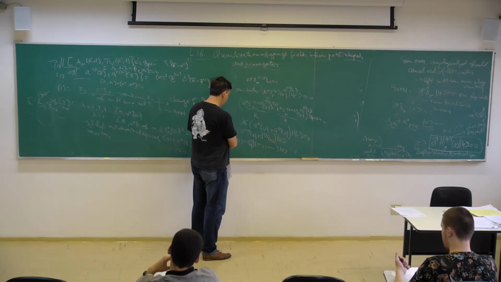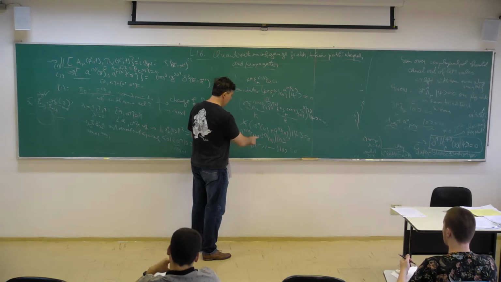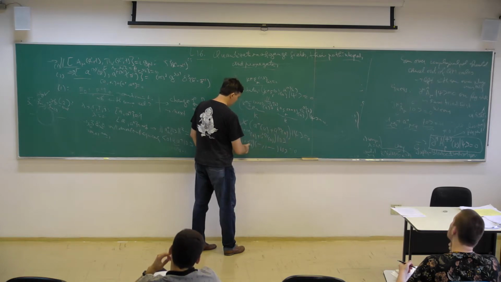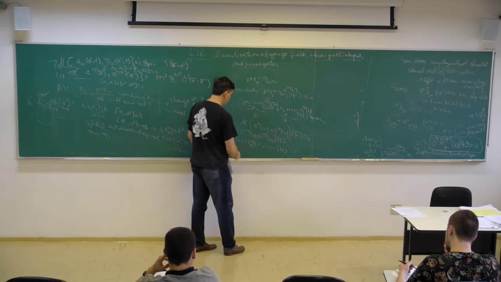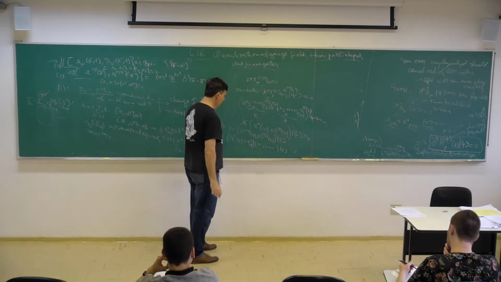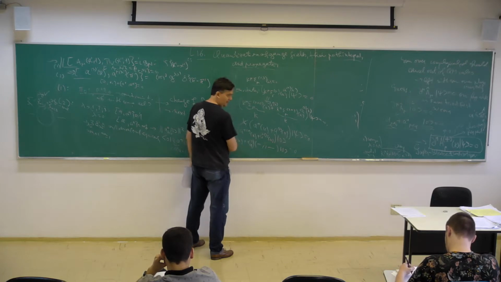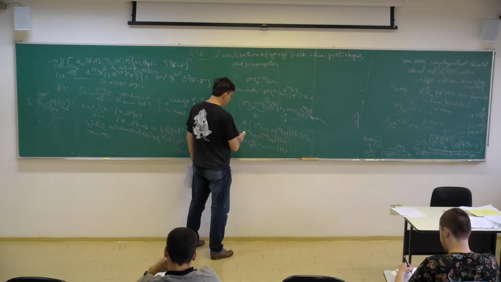So if I come with A0 on A dagger 3, that commutes and goes all the way to 0 and gives 0. Similarly, A3 on A dagger 0 commutes, goes to 0. So the only non-trivial term comes from the commutator of A0 with A dagger 0.